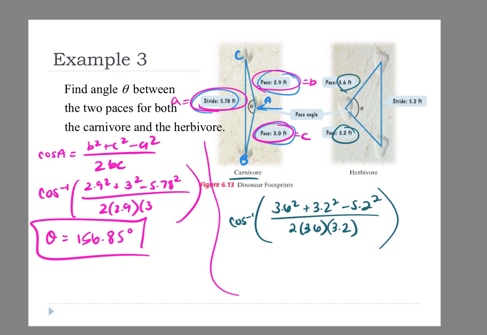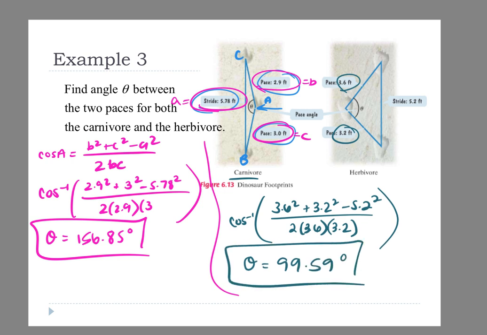And I get that theta is 99.59 degrees. Questions on that one?